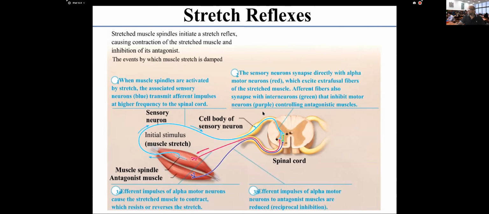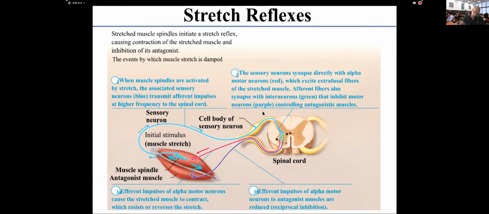Looking at an example here, which is the stretch reflex. If a person has a stretch of his skeletal muscle, remember the receptor inside the skeletal muscles that is detecting the degree of stretch of a muscle, this is what we call the muscle spindle.